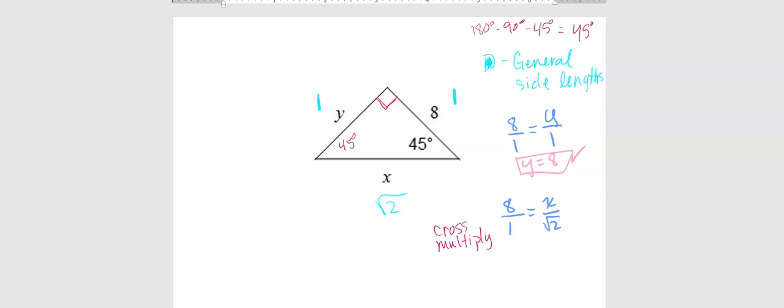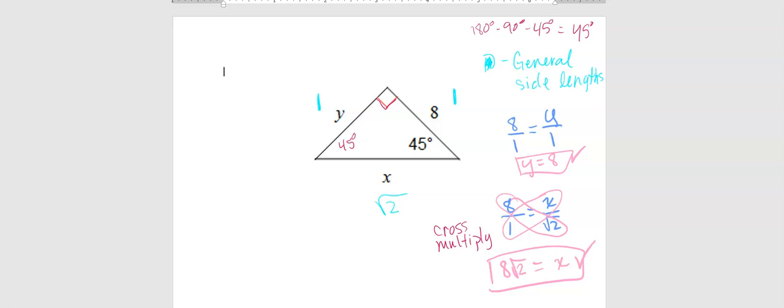With proportions, if I already know that these need to be exactly the same, I can take these two values and multiply them together, these two values and multiply them together, so that I end up with 8 times the square root of 2 equals 1 times x. Well, 1 times x is just the same thing as x. So x is going to be 8 square root 2.